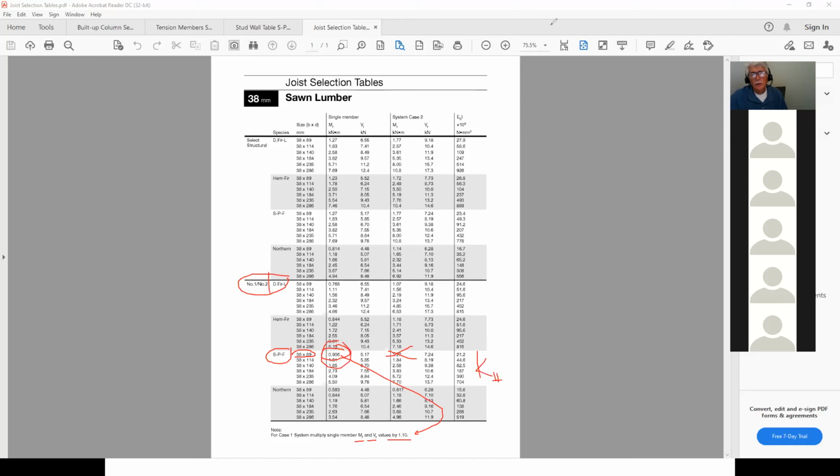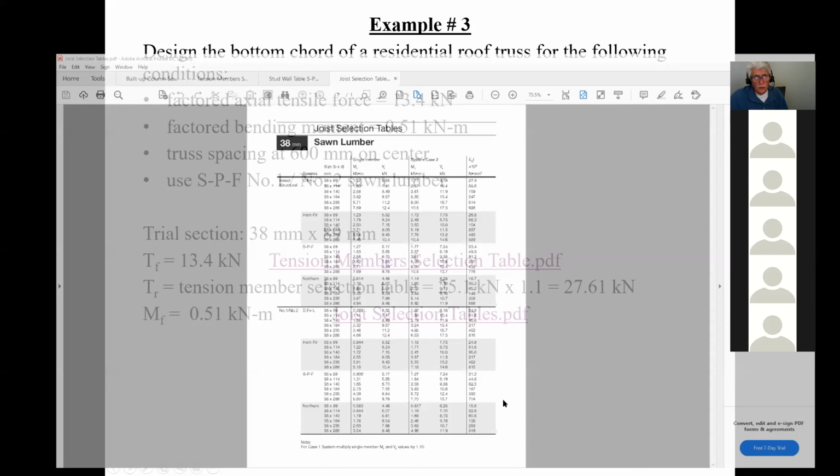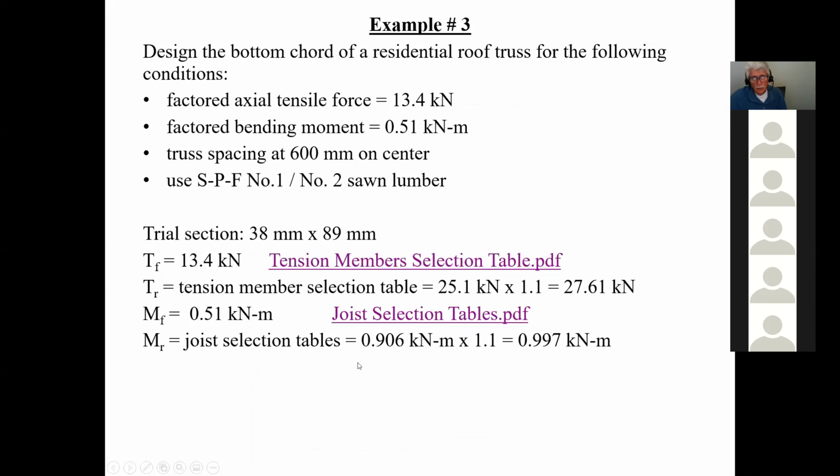I'll take advantage of that. And so the joist table, 0.96 times 1.1, 0.997. That's pretty close, huh? It's not bad. It gives me an extra 10%, better than a kick in the head.